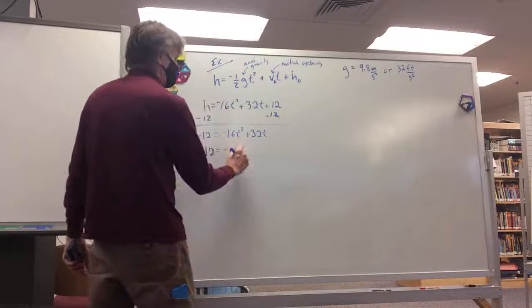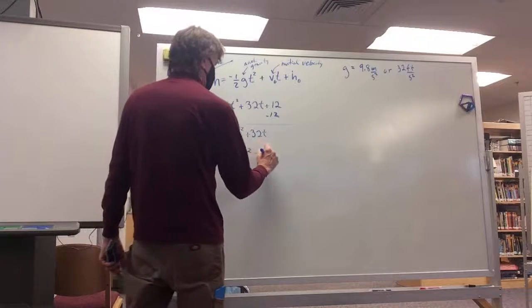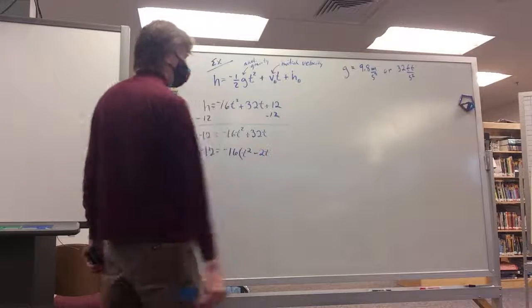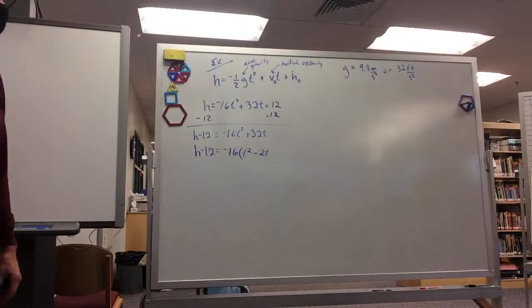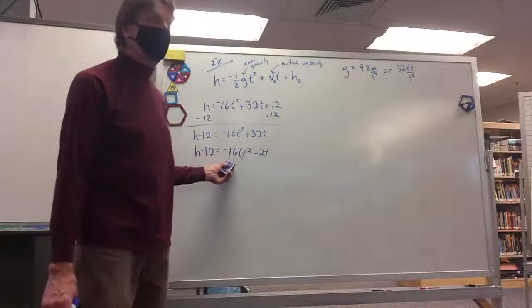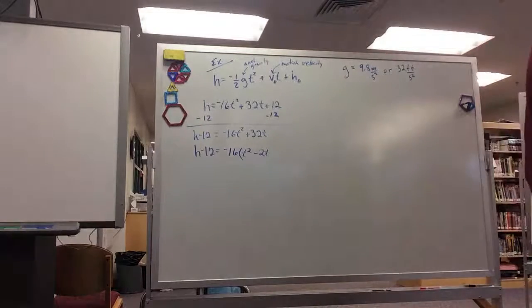So then negative 16 times t squared minus 2t. Now, can we go further than that even? You could pull t out if you needed to. Could you do 16t? You could pull out a 16t.